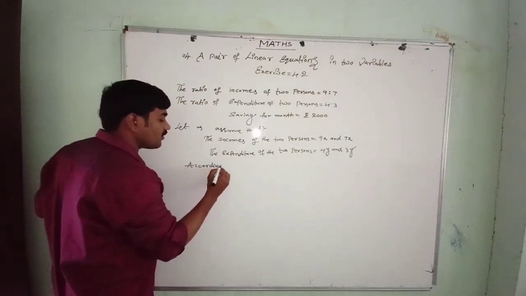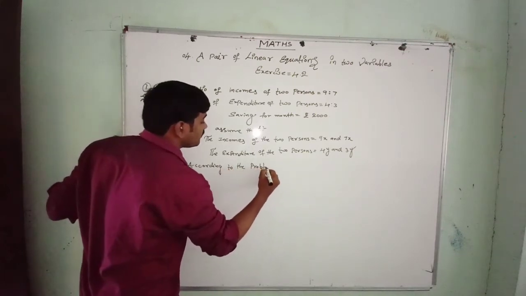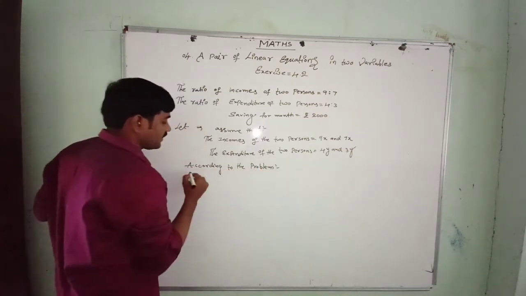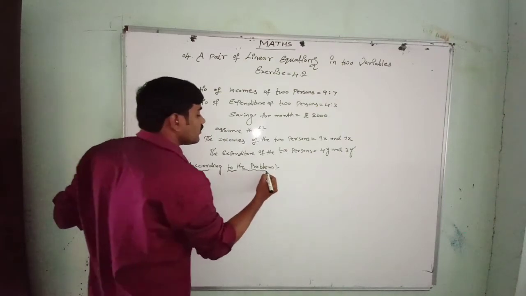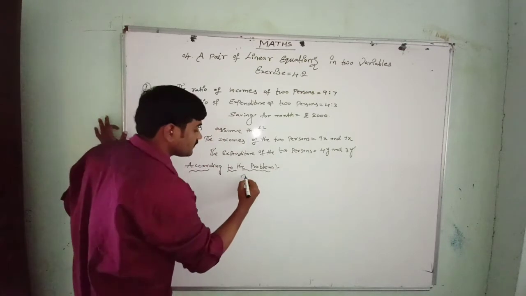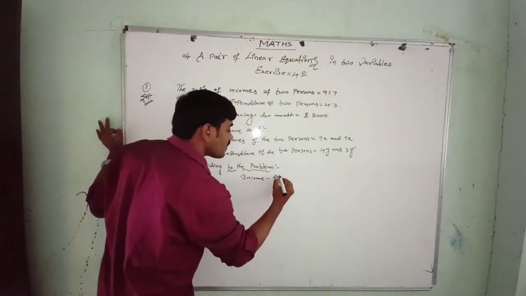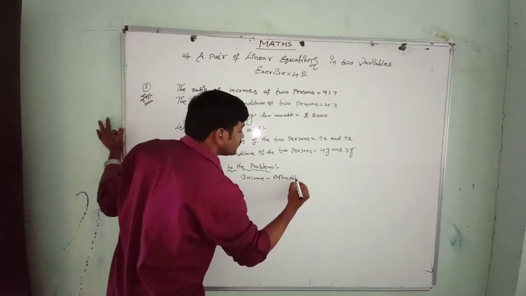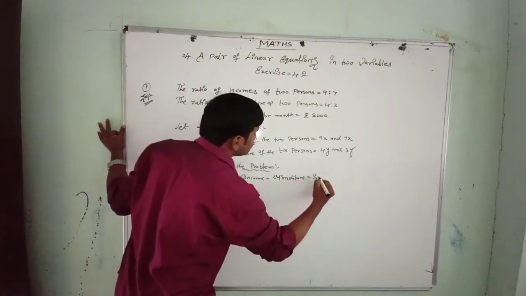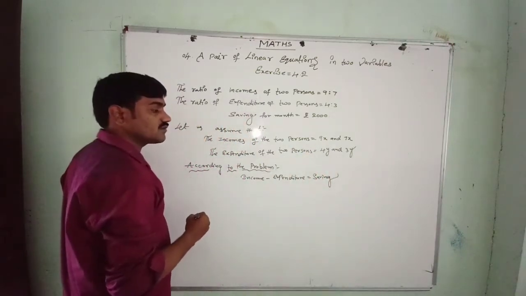Now according to the problem, it is very important, we know that income minus expenditure equals saving. Income minus expenditure equals saving.